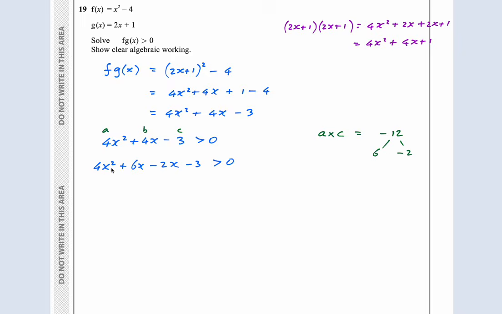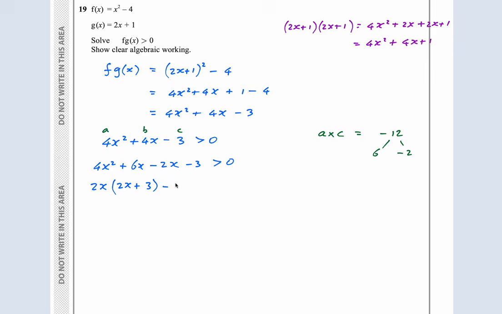Okay, then I take out the factors of these two terms. So the common factors are 2 and x. Open brackets gives me 2x plus 3. That's 4x squared plus 6x. And then here, there's no common factors, so I can just take out the 1.